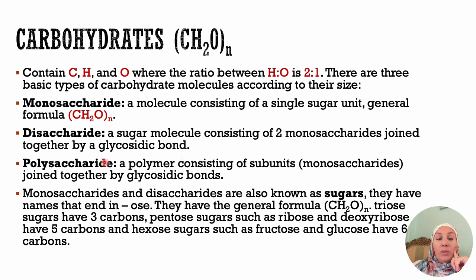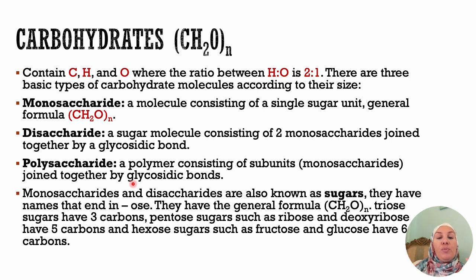We're going to talk about how this bond is formed in a while. Polysaccharides are larger molecules made up of many monosaccharide subunits, all joined together by glycosidic bonds again to make a much bigger molecule.